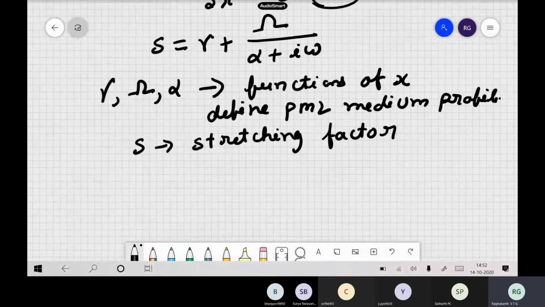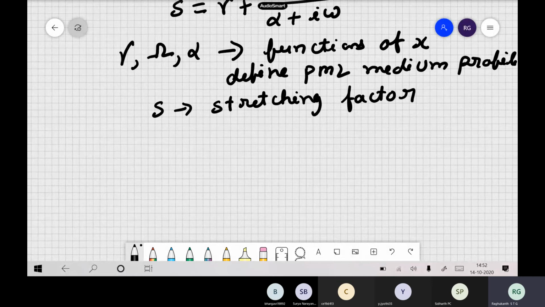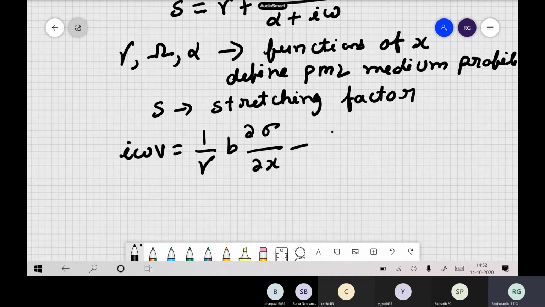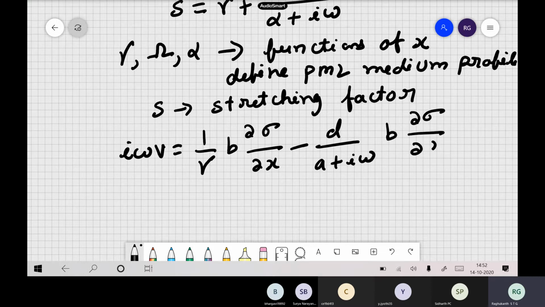Okay, so what happens is, if you substitute here, I have iω times v equals 1/γ times b ∂σ/∂x minus d/(a + iω) times b ∂σ/∂x.